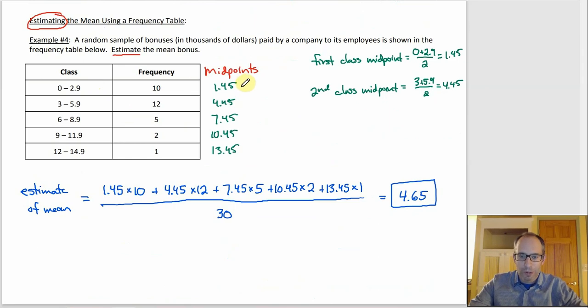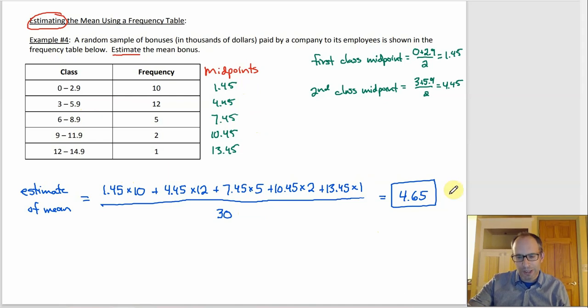So you just get the midpoint of the two class limits in each case. So like 6 plus 8.9 over 2, that's 7.45 and so forth, right? That's what all 5 of those are. And then for each of these classes, it's just midpoint times frequency, and you add all those products together, divide by 30, since that's the total number of observations. And that's how you get the estimate of the mean.